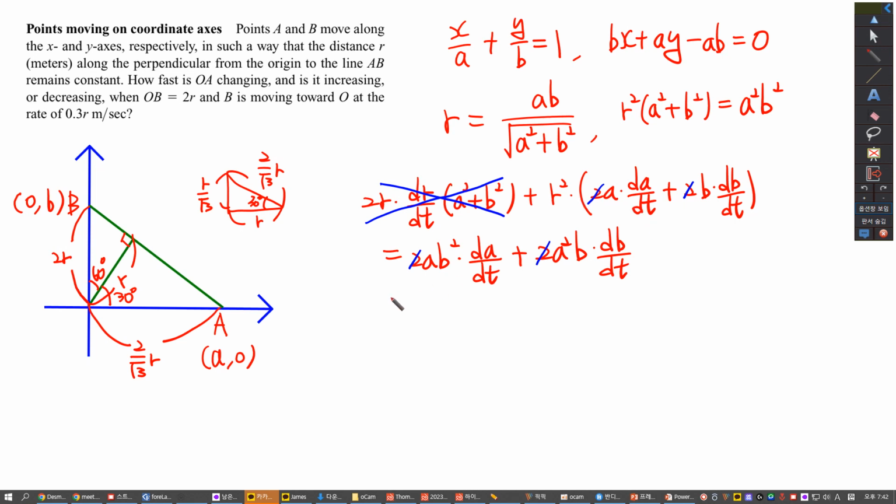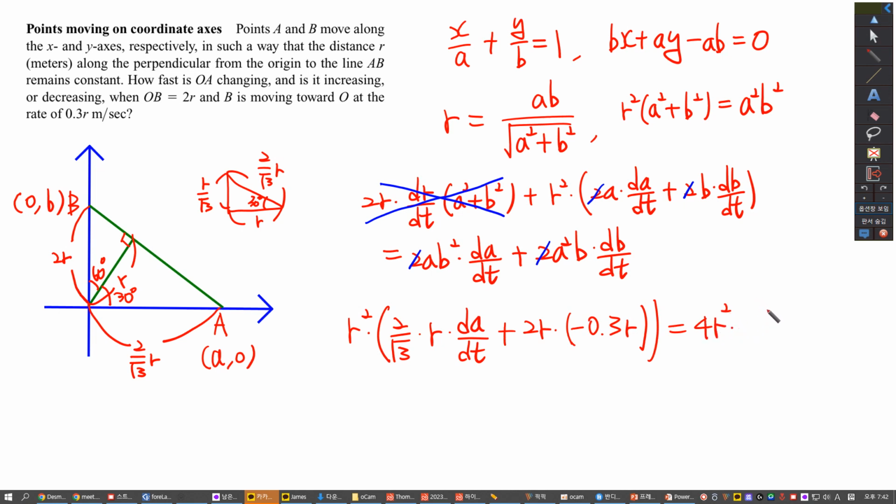So if we use this information, A is 2 over square root of 3 times R. B squared is 4 times R squared, and A squared is 4 over 3 R squared.